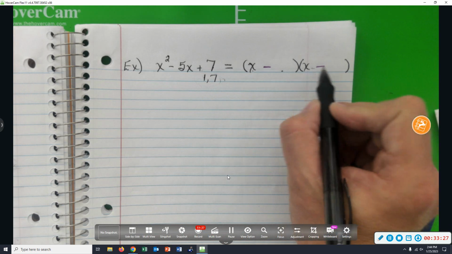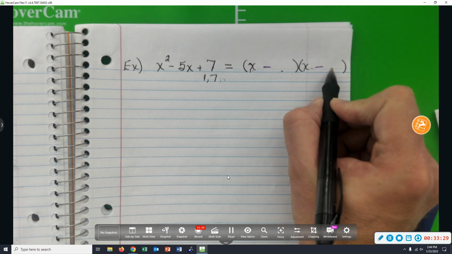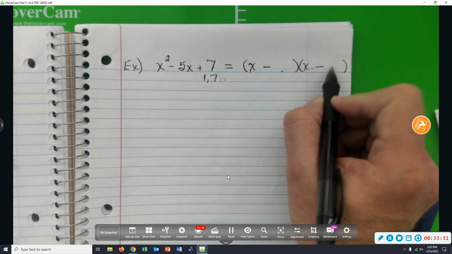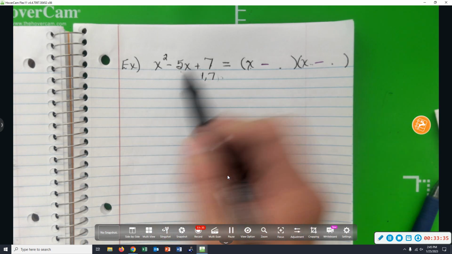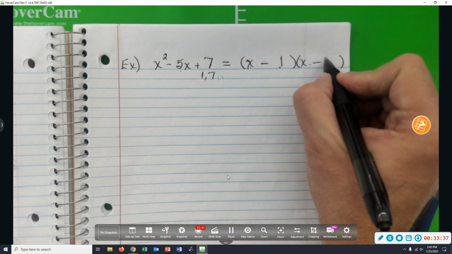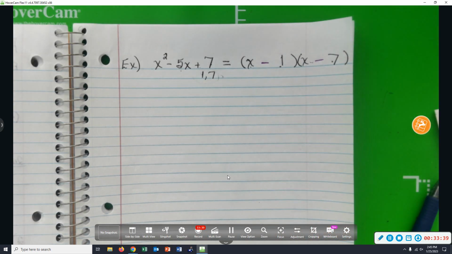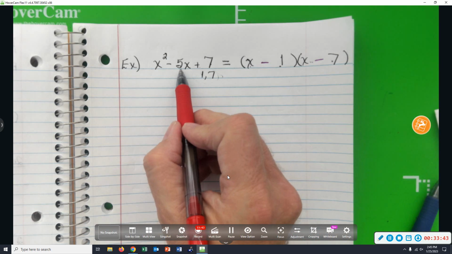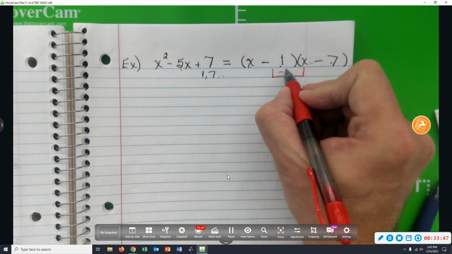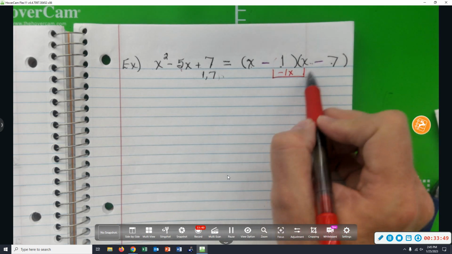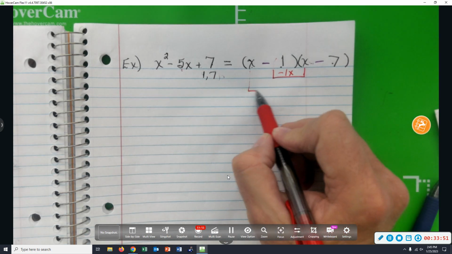If I put a 1 and a 7 here, can I FOIL it out and make it give me a negative 5x as the middle term? I think I can't. I'd get a negative 1x, and what's the other term?